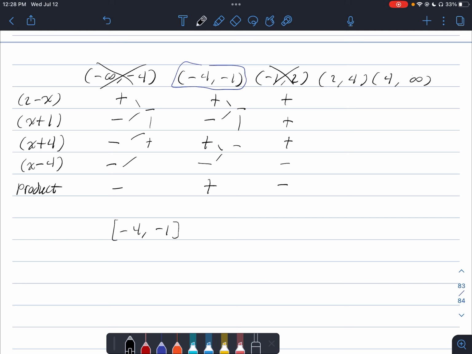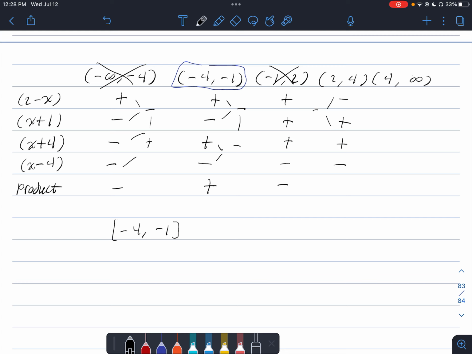So now let's take a look at 2 to 4. Let's try 3. 2 minus 3, that's going to be negative 1. That's negative. Let's try 3 plus 1. That's 4. That's going to be positive. 3 plus 4 is 7. That's positive. 3 minus 4 is going to be negative 1. That's negative. Okay. So here we have negative times a positive.